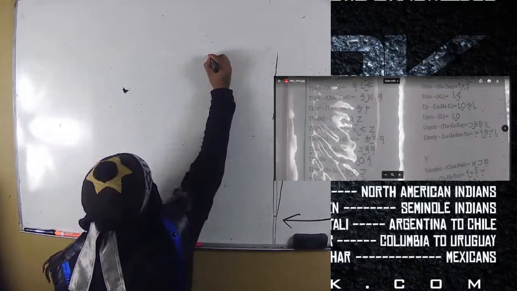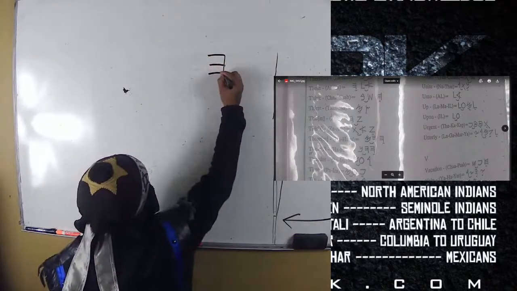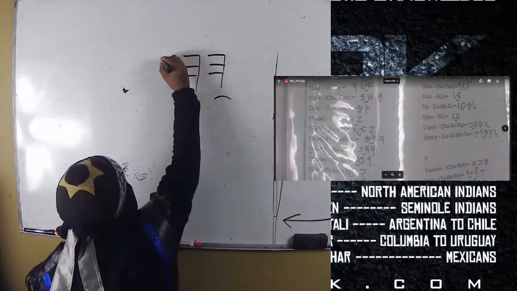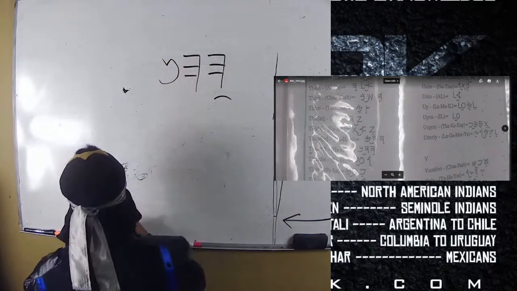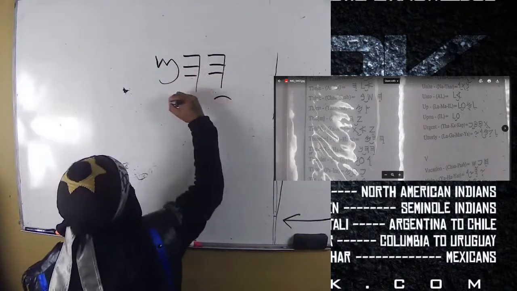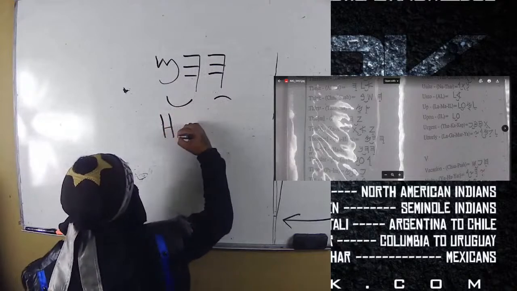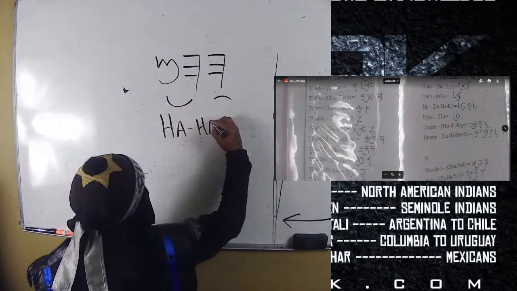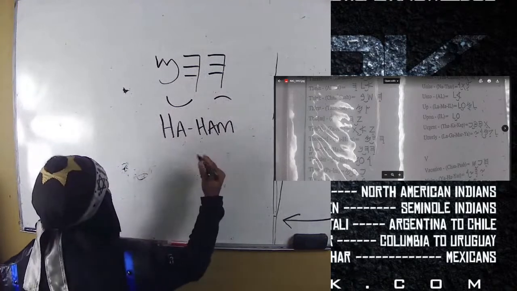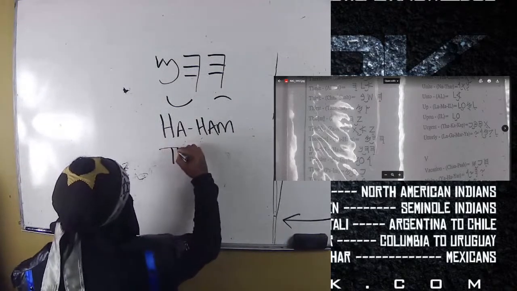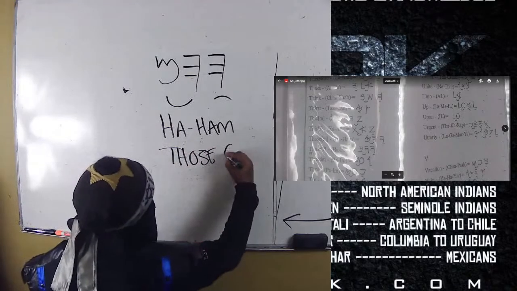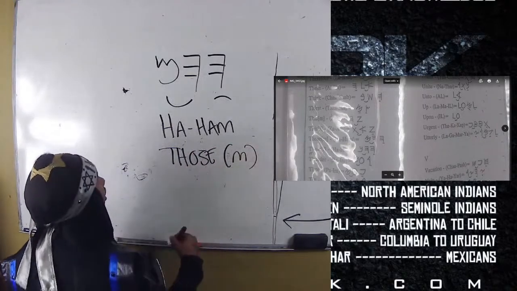So the first one is ha-hum. Oh, so I do the masculine first. So ha-hum. All right, ha-hum. Not ha-hand, but ha-hum. And it means those, and it's masculine, those masculine for a man.